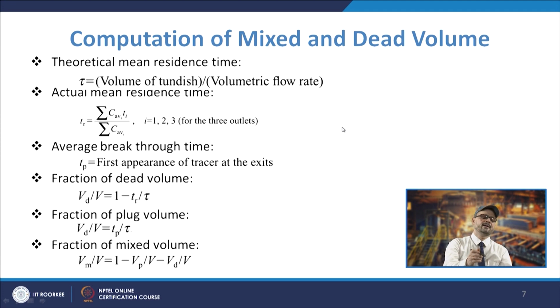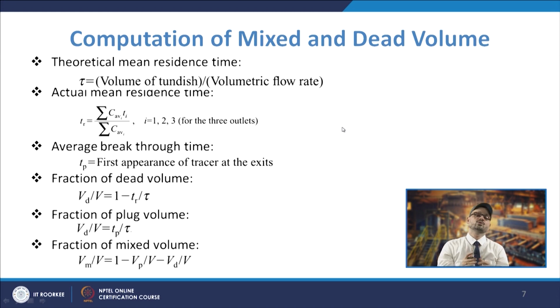So, accordingly you get the dimensionless concentration, and we plot a graph between the dimensionless concentration and time, or we plot the graph between the concentration and time. From that graph you can also calculate the actual mean residence time.